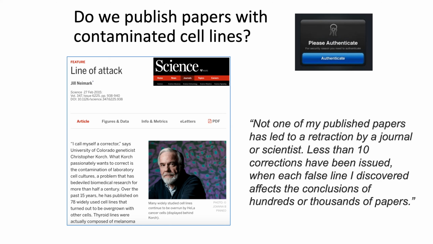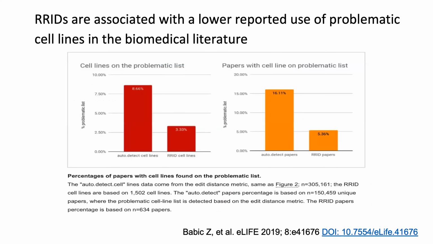And so this is a paper from Science. And in a recent paper from Babak et al. that was just published this year, they looked at RRIDs and how they impact the reported use of problematic cell lines in biomedical literature.